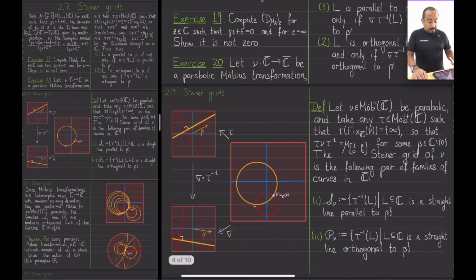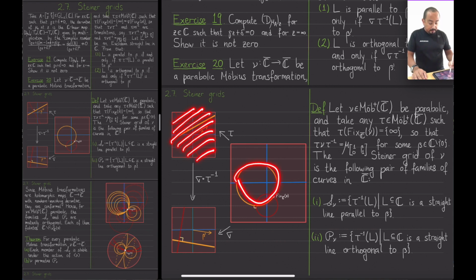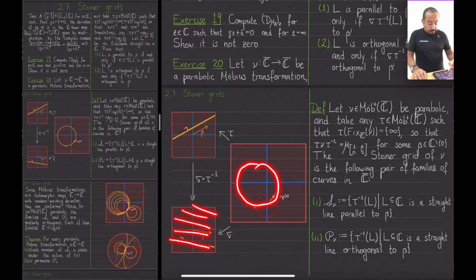And the exercise, the fact that the parallels here go to the parallels here, the parallels to beta go to the parallels to beta prime, tells you that it doesn't matter if you choose to map this here, or you choose to map this here using a sigma inverse, you get the same family of curves.